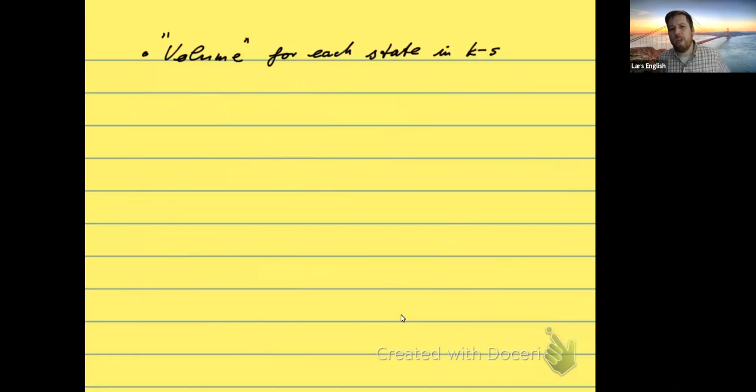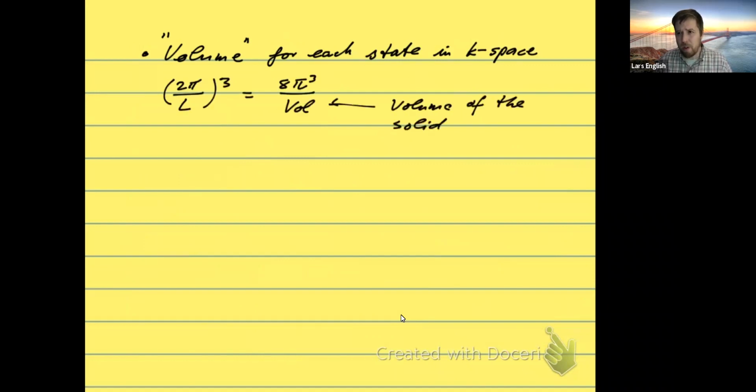The way we're going to approach it is, as we already said, in k-space, we have the spacing in k-space. How do we quantify that? On the homework, we said we can draw a little tiny volume around each one of these states. So we could ask, what is the volume that each state occupies in reciprocal space? If you remember the homework problem, it's inverse to the volume that the physical crystal occupies.